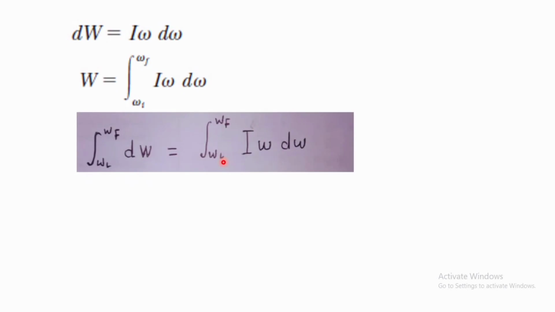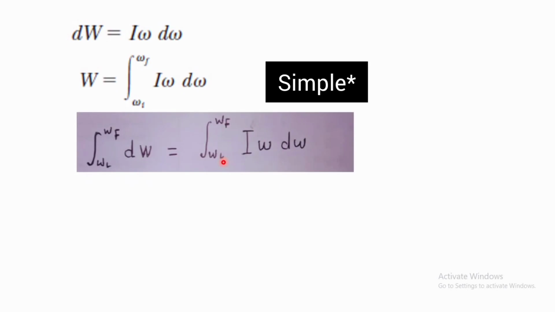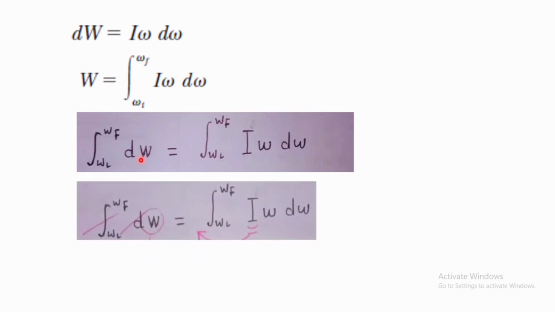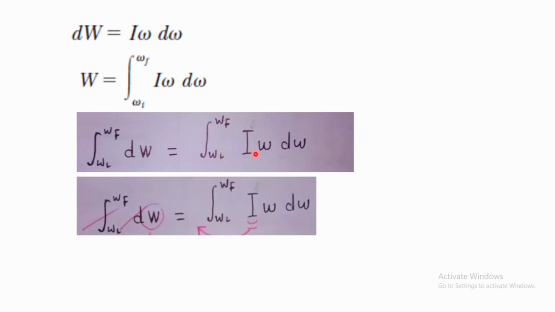I wrote that to make it simpler for you. So integration starting from omega initial and ending with omega final. The integration will cancel the derivative here and leave only work. And here it is a simple integration starting from a and ending with b for f of x.